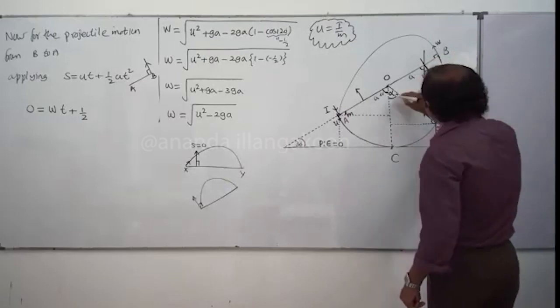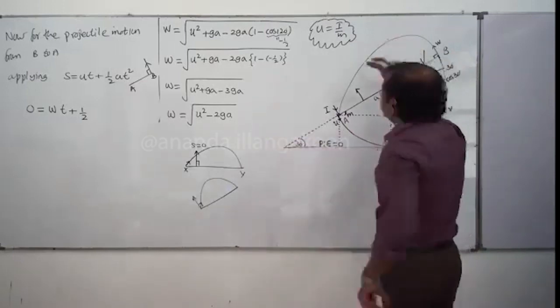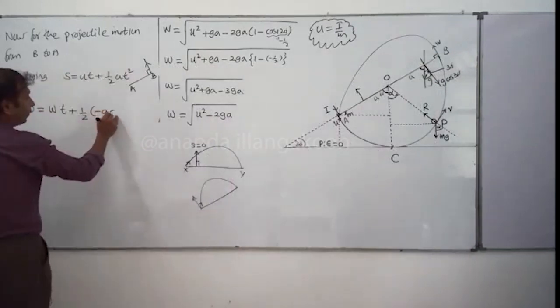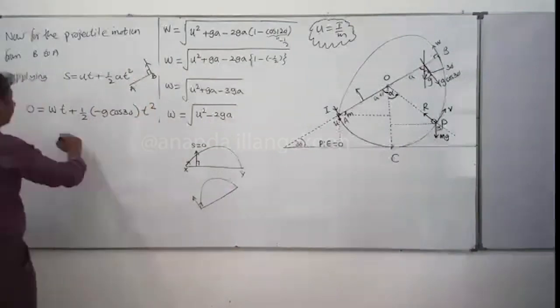Now, if this is 60, this is also 60 by corresponding angles. This is 30, g cos 30. But we apply the equation of motion in this direction now. Therefore, it is minus g cos 30 T squared. g you can cancel down.